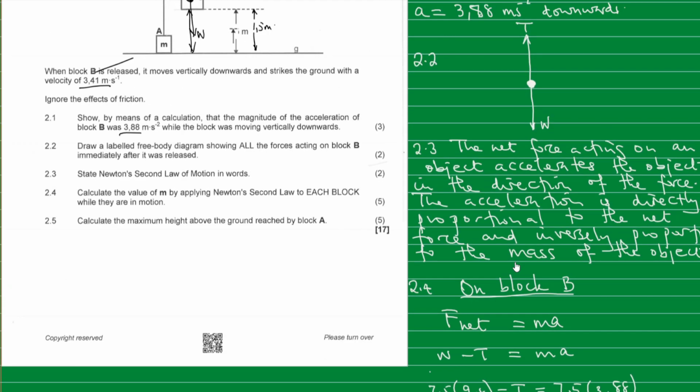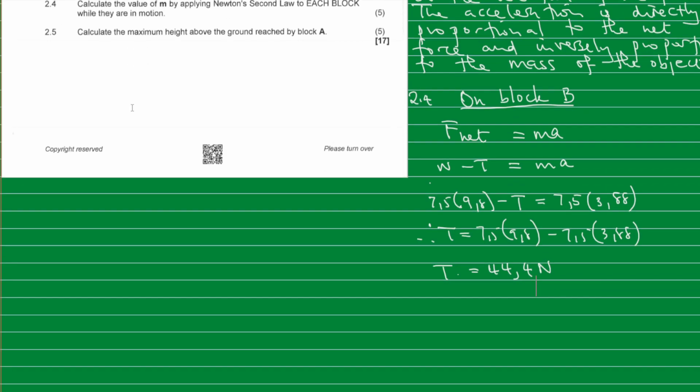Now we are going to use Newton's second law on each block. So now let us apply Newton's second law on block A. So let me bring it over here and say on block A, F net is equal to ma.